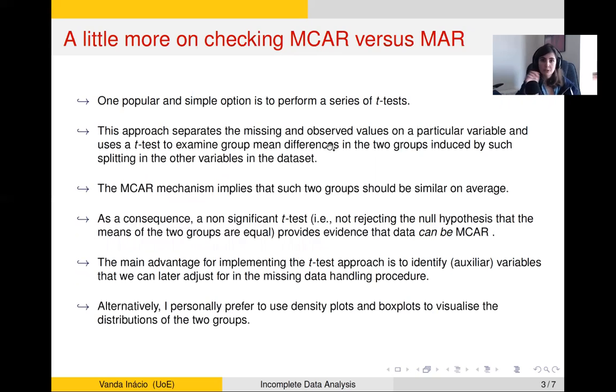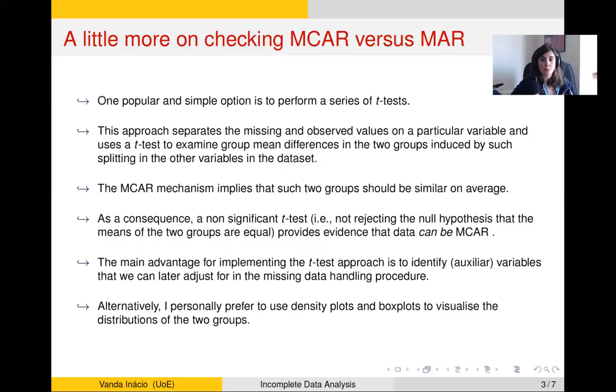So let us start with the most popular and simplest approach, which we have already touched in a light way. Imagine that we have several variables, and for simplicity, that one of the variables has missing values. We know that missing completely at random implies that the missingness is completely unrelated to what we do not observe, the missing values themselves, and also to what we observe.